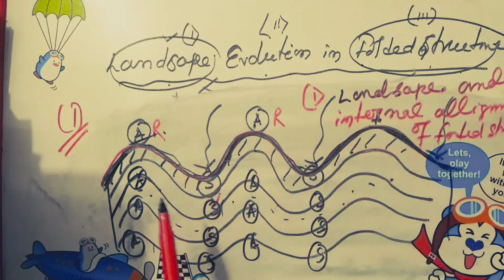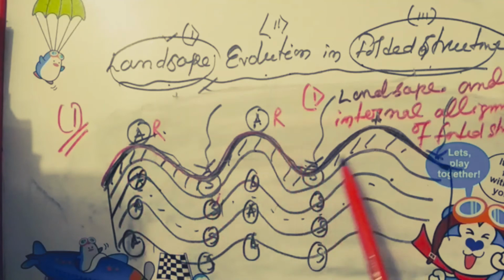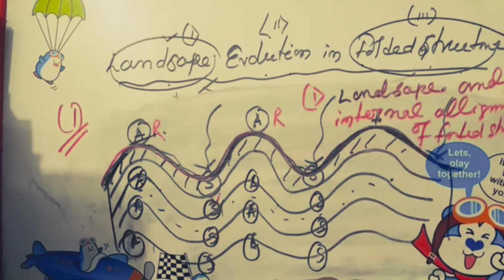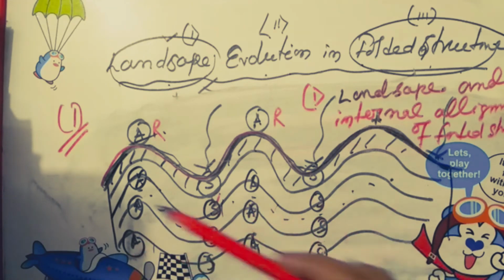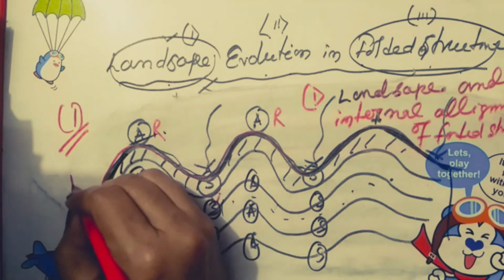So there is a perfect balance when the evolution started in the folded region in humid climatic condition. When there is a balance between the outer surface and the internal structure of the folded structure, the evolution of the folded structure begins.